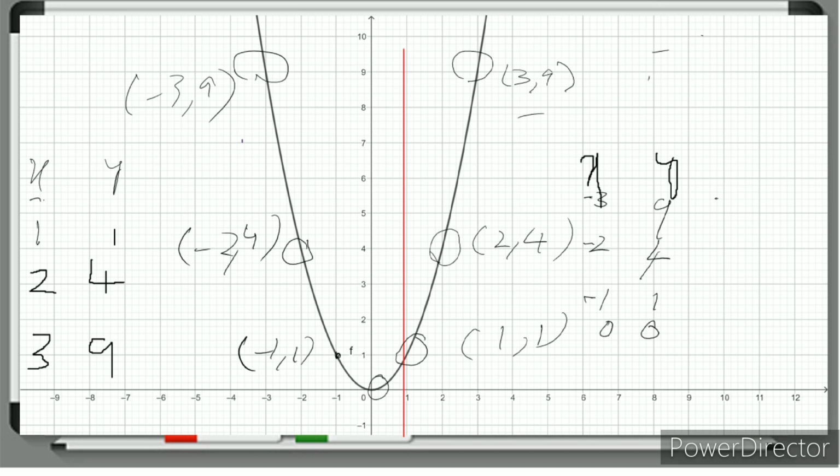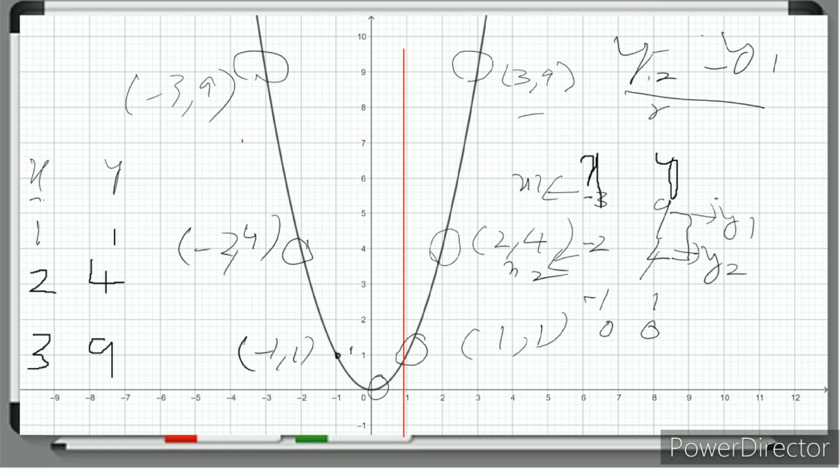Now boys, from this I will subtract this. I will consider this as y2 and this as y1, this as x1 and this as x2. So y2 minus y1, the change in output values, divided by x2 minus x1.